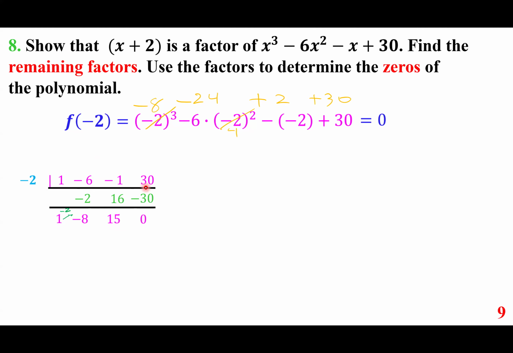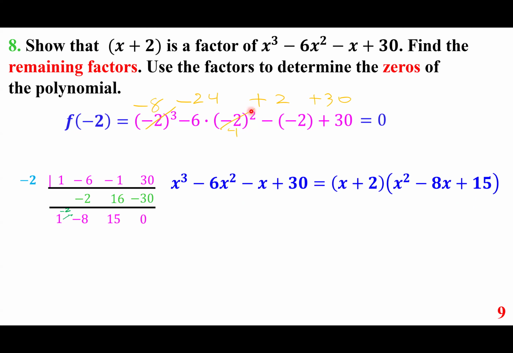Which means when we divide this polynomial function by x plus 2, we get 1x squared, or simply x squared, minus 8x plus 15. So we write x cubed minus 6x squared minus x plus 30 is x plus 2 times x squared minus 8x plus 15.